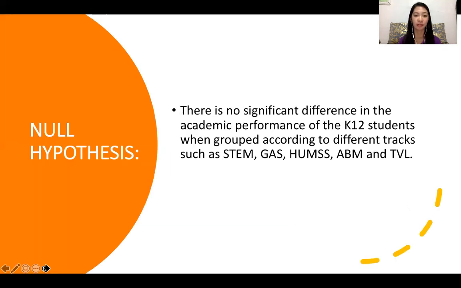So third problem, give a hypothetical statistical output. My hypothetical statistical output here is the null hypothesis, which states that there is no significant difference in the academic performance of the K-12 students when grouped according to different tracks such as STEM, GAS, UMS, ABM, and TVL.